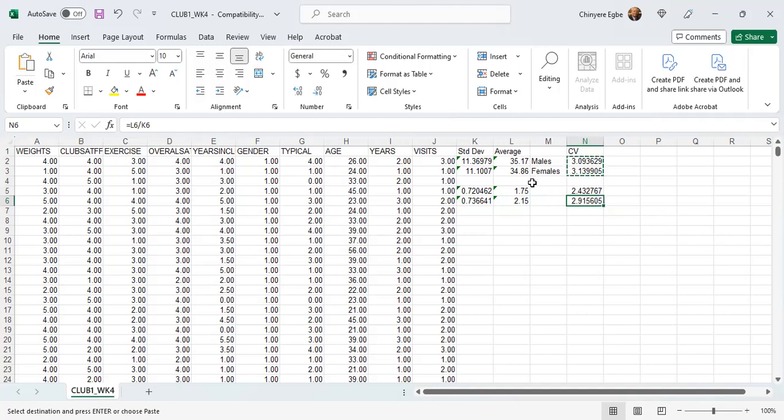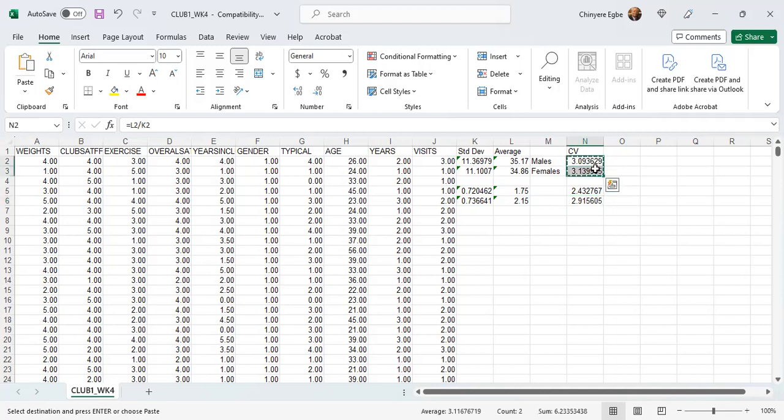Because when you look at the average age, you find out it is not much different between the two. When you look at the variation in the age, the range of age of males and females that come to the gym is also about the same, 3.09 compared to 3.13.